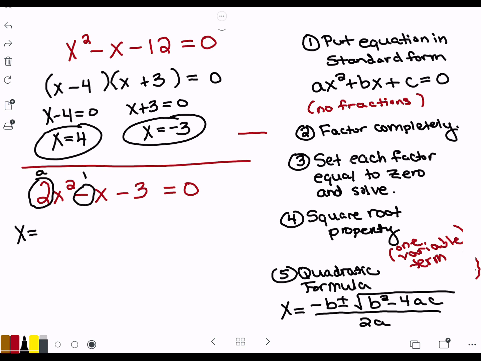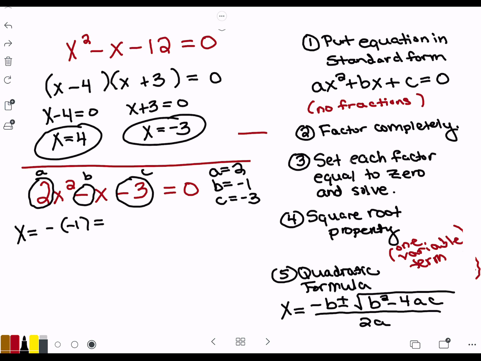So if I let my a be equal to 2, my b be equal to negative 1, and my c be equal to negative 3, so a equals 2, b equals negative 1, and c equals negative 3, I can take those values and put them into the quadratic formula, condense everything, and I will get my final answer. So let's do that.